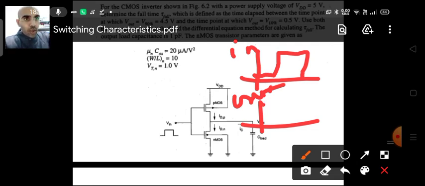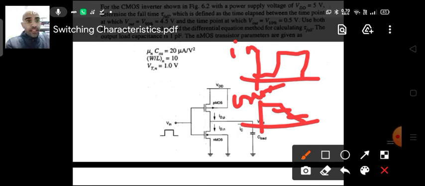Your output was initially high, and then it is falling. We have to find the time from 90% to 10%, so assume that this is the 90% to 10% range. These are the things, and we have to find this.